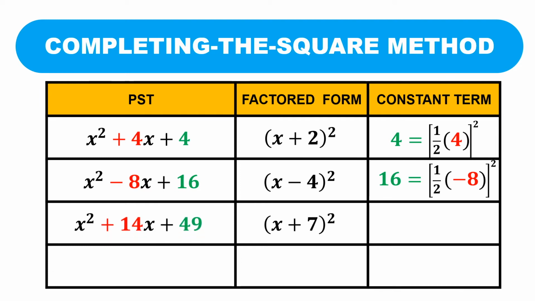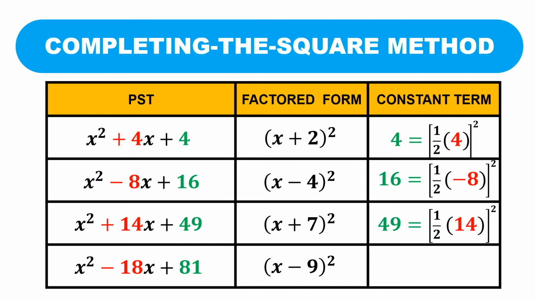In the PST x squared plus 14x plus 49, the constant term 49 is equal to the square of 1/2 times the coefficient of the linear term 14. And in the PST x squared minus 18x plus 81, the constant term 81 is equal to the square of 1/2 times the coefficient of the linear term negative 18.